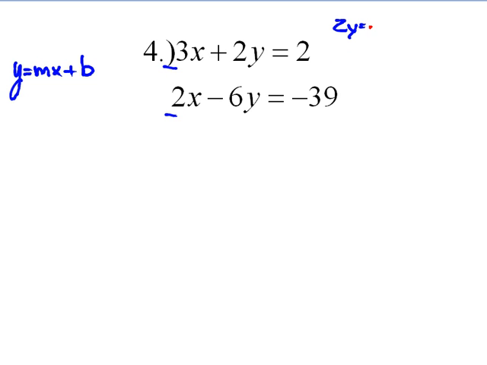2y equals, we'll put the negative 3x over here in the area that we need it in, plus 2. And then we divide the whole thing by 2.